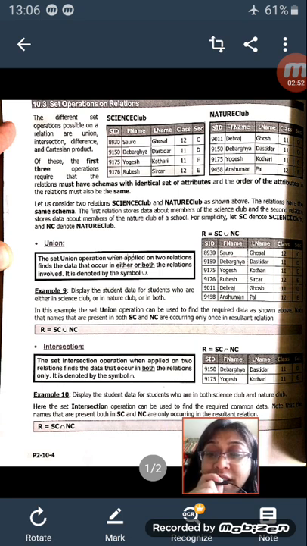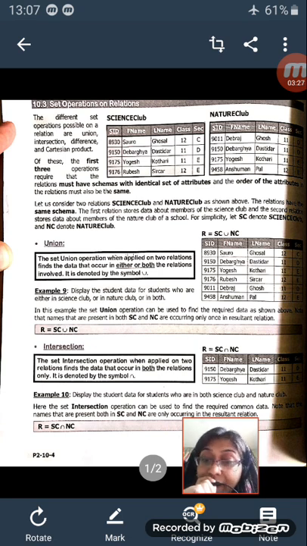When we combine these two under the union operation, the relation we make is R equal to SC union NC. SID, first name, last name, class, section are all there, and all the names from both tables exist: Shaurav Ghoshal, Devargo Dastidar, Yogesh Khatari, everything. It takes all the common and uncommon values under a single relation.